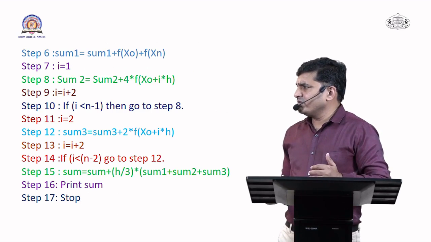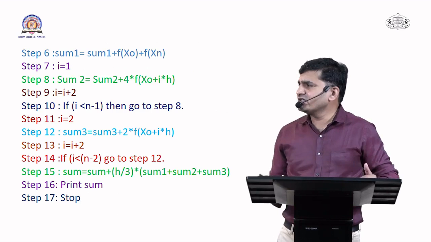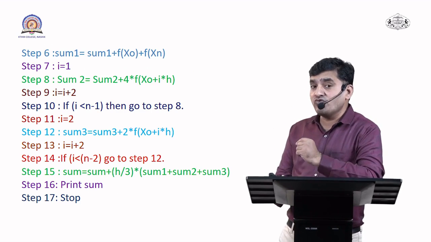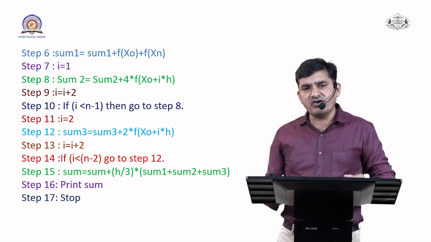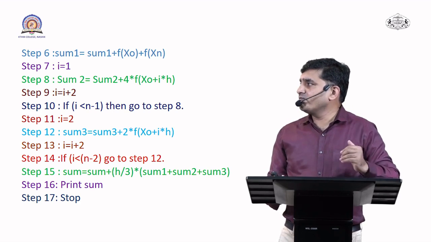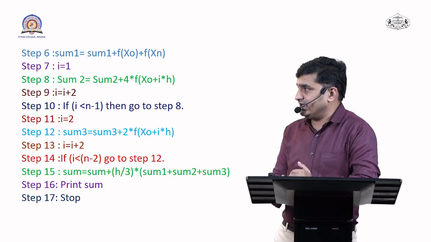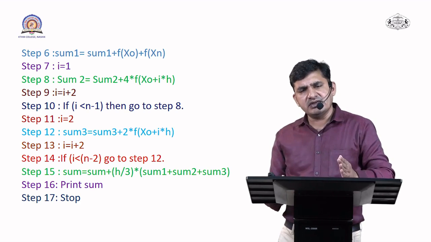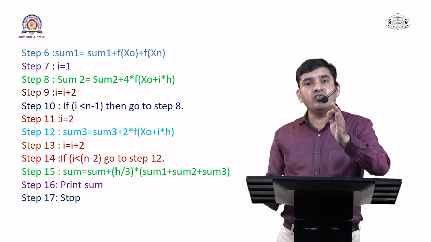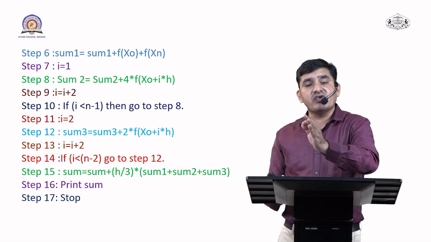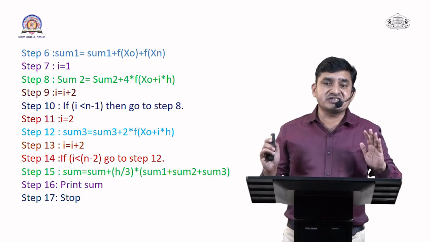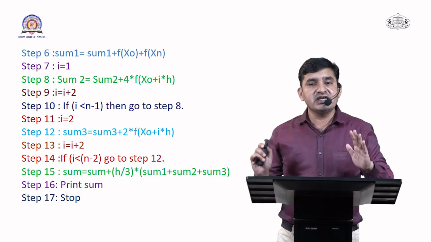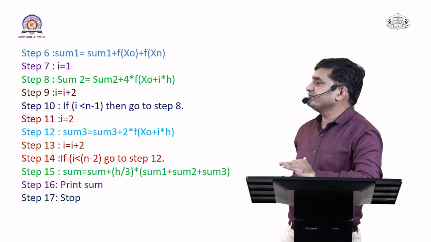Then next step is step 6. Sum 1 is equal to sum 1 plus f of x0 plus f of xn. Okay, the sum 1 represents y0 plus yn, or simply f of x0 plus f of xn.